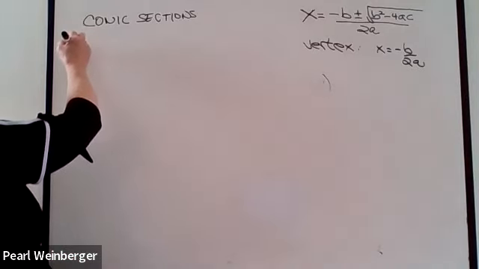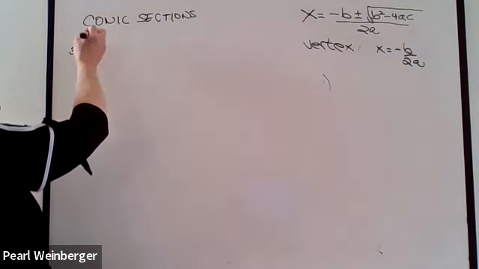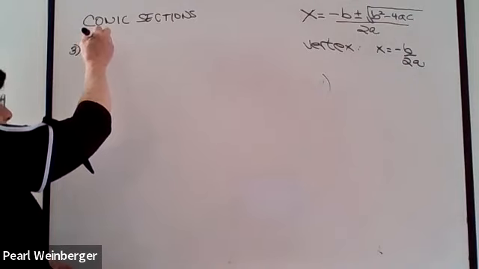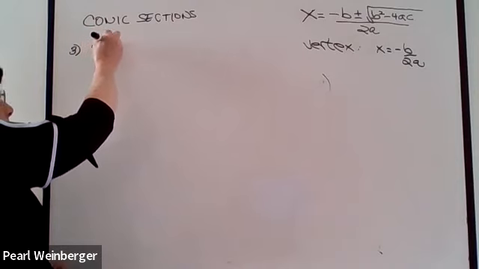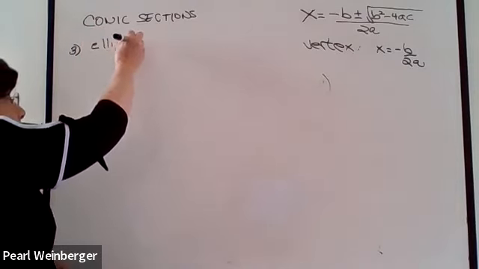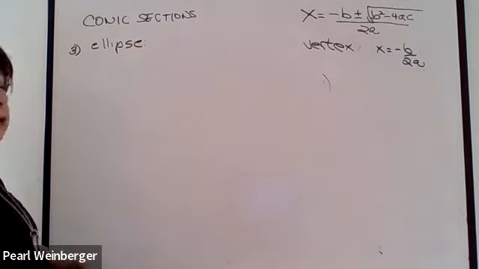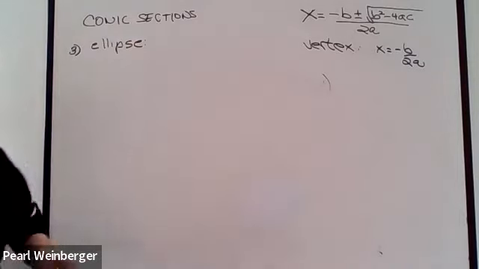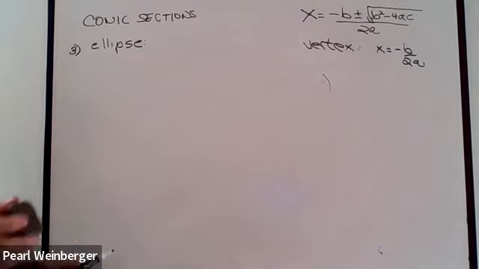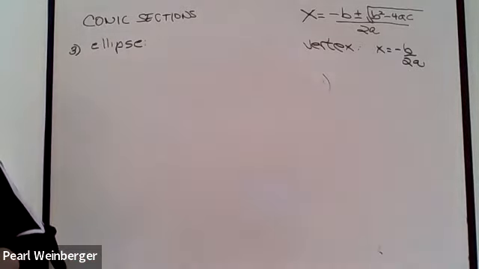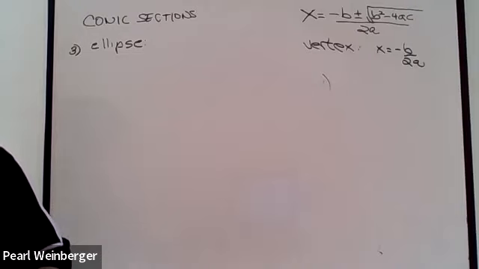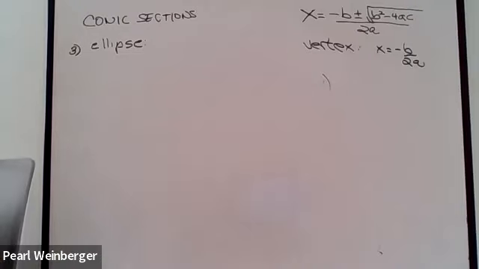So the third type, and I'm going to call it 3 because it's the third type, is something called an ellipse. The next two types we're going to do are much simpler than the other two. What does the equation of an ellipse look like?